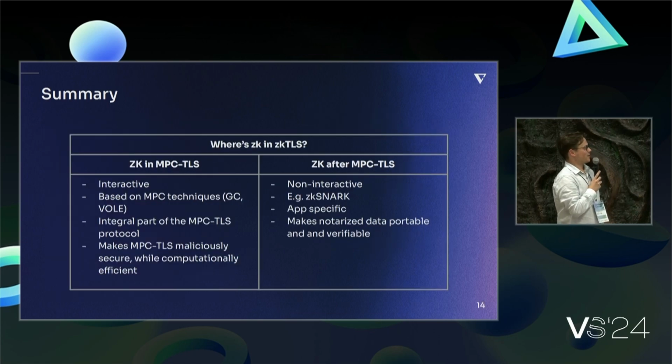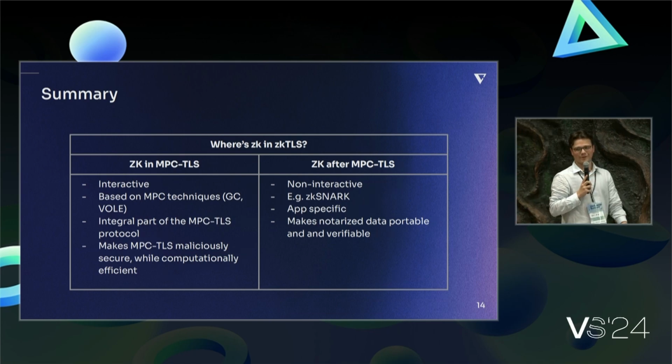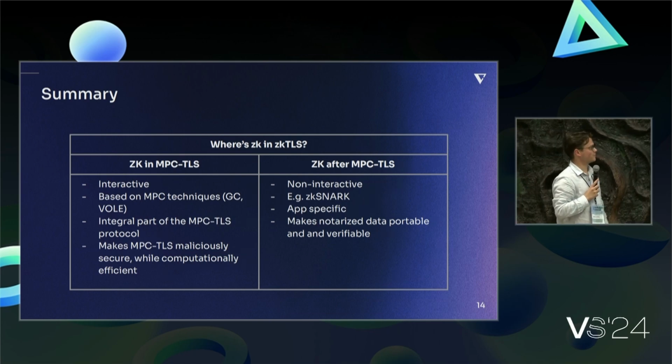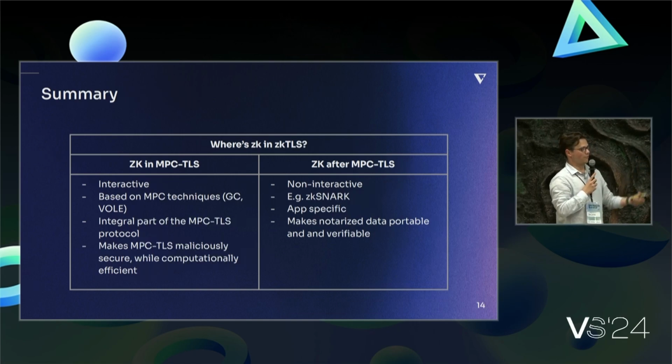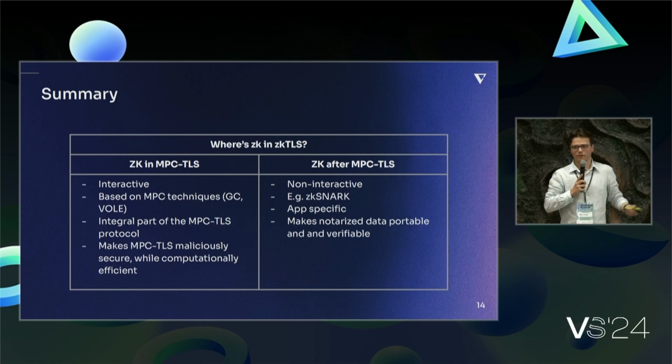And the second insight is the answer to the initial question. I want you to remember that ZK in zkTLS happens not only on the verifier's side, where it can be non-interactive, an ordinary ZK SNARK, which will be app-specific and will make the whole pipeline great for verification on chain, for example.